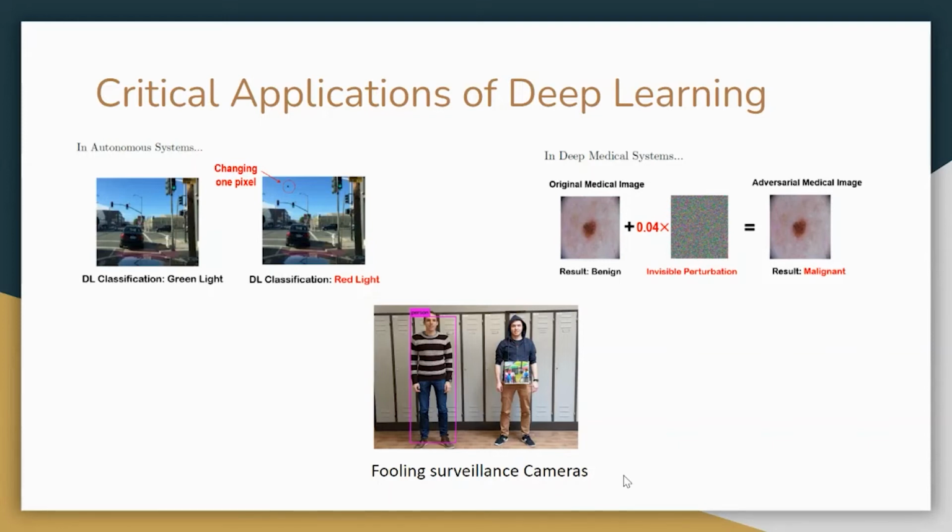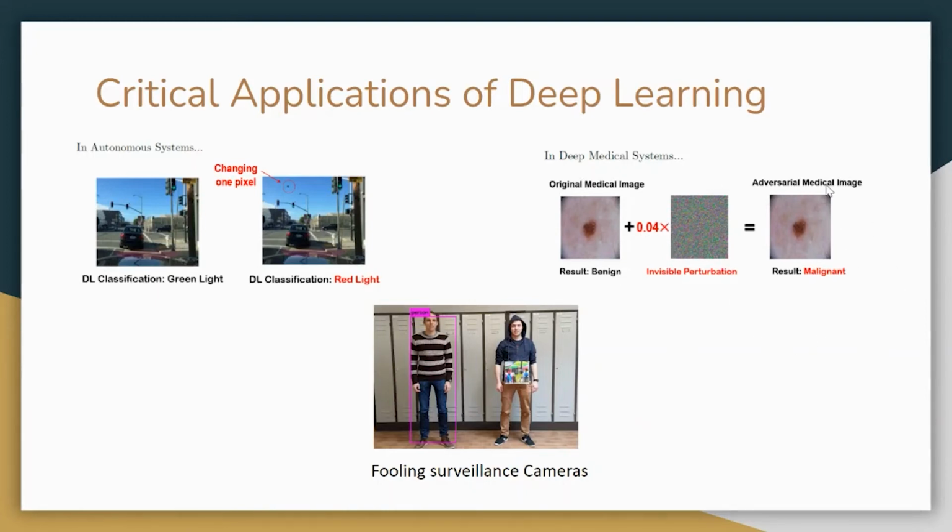So also coming to the deep medical system, if we insert an invisible amount of perturbation here, it can classify a benign cancer as a malignant cancer. And if we talk about the surveillance cameras, by inserting the right amount of invisible perturbation, just as we see here, adding a little amount of pixel changes to the input image can make our system classify this in a wrong classification zone.